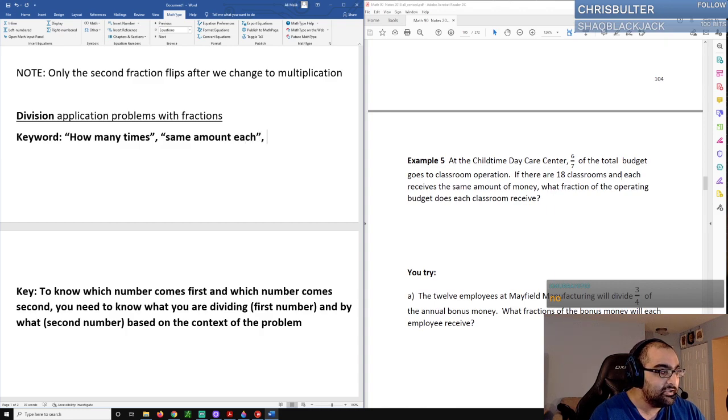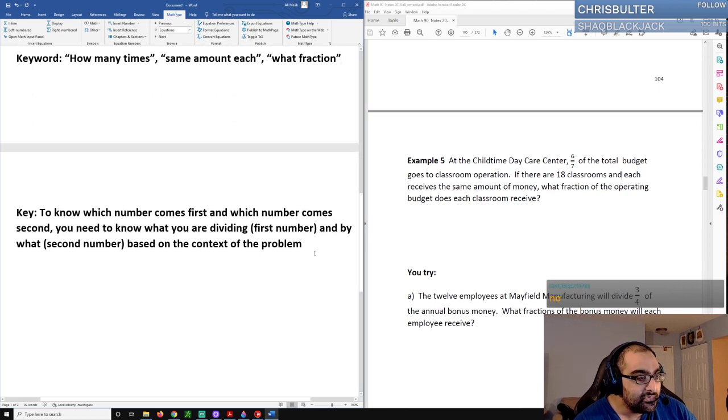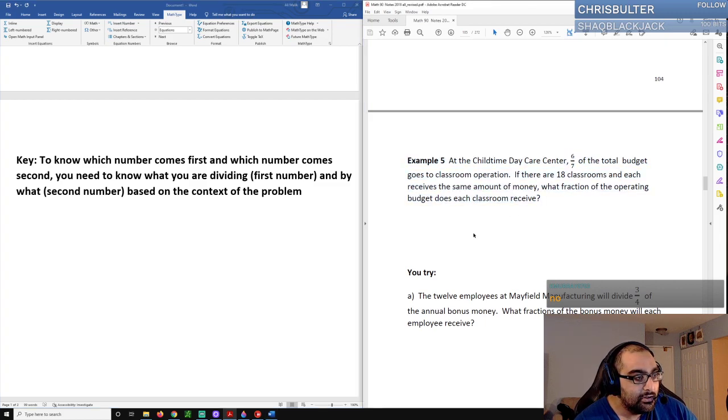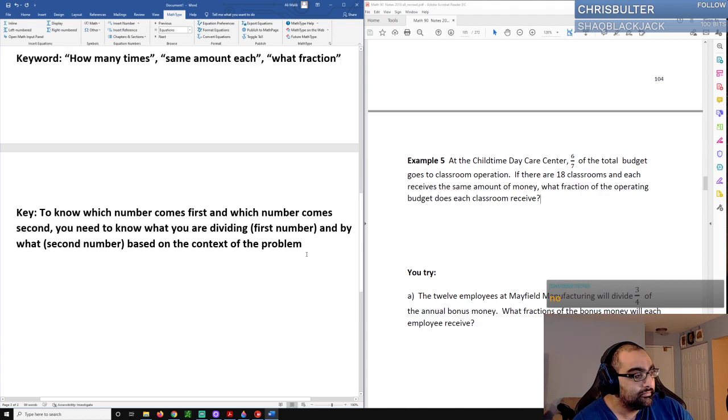Or again, what fraction. So there are several key phrases here for you to note that we are definitely using division in this case. So can anybody tell me how we could set up this division problem for this example? How do we set up example 5?